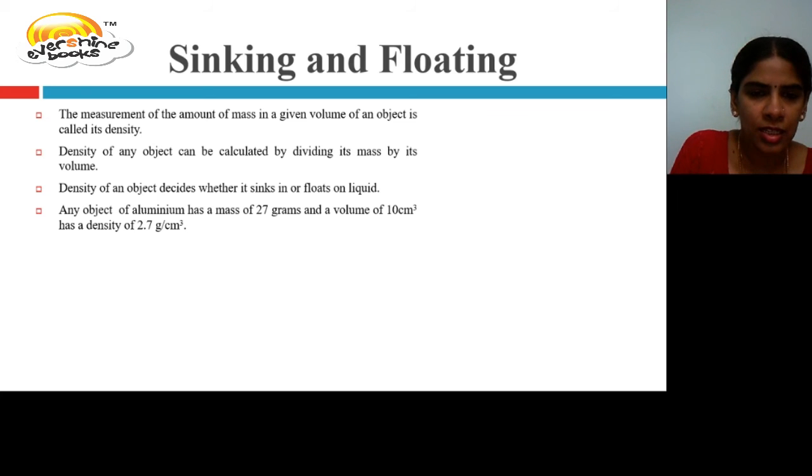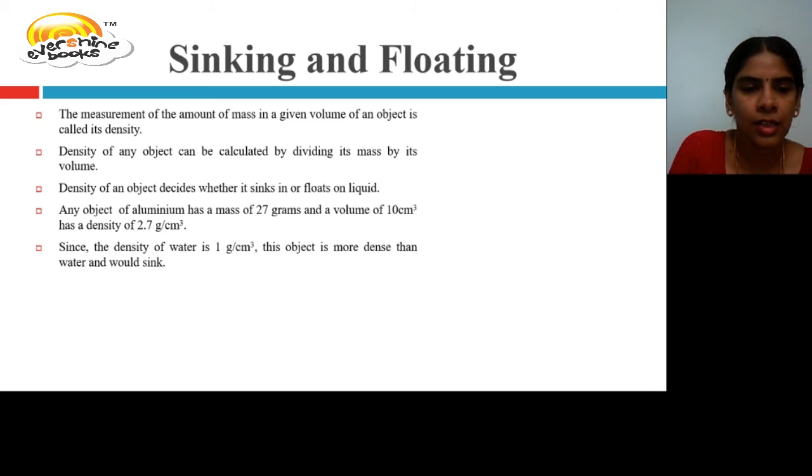So density is mass by volume, that is 27 by 10, that is 2.7 grams per centimeter cube. Since the density of water is 1 gram per centimeter cube, this object is more dense than water, and so it would sink.